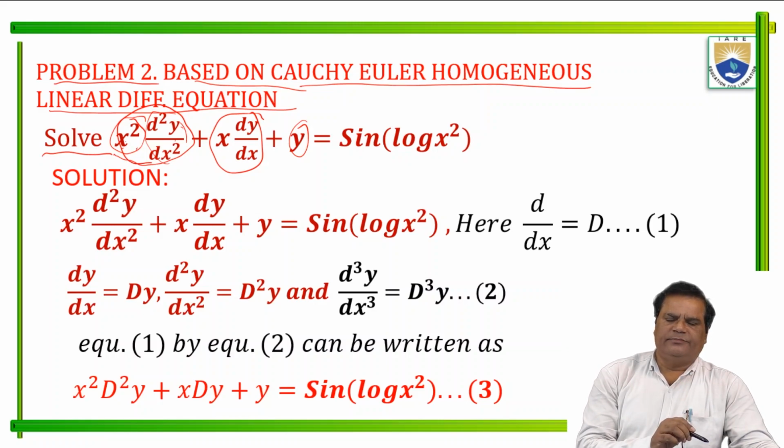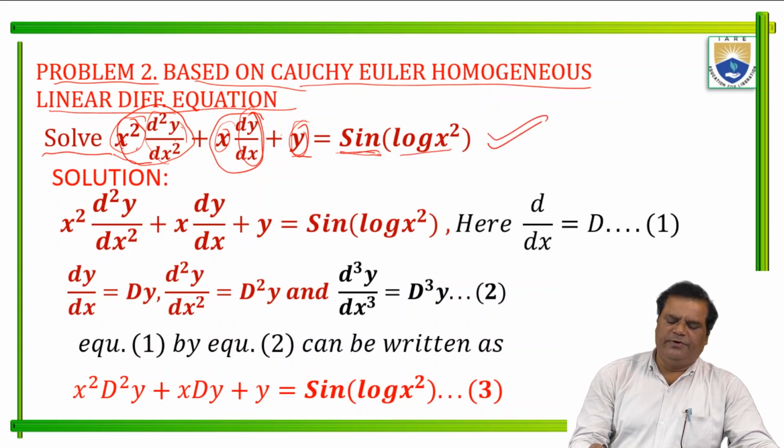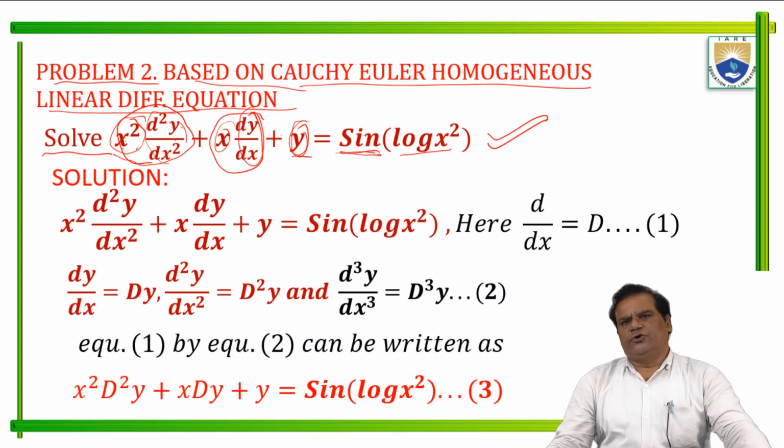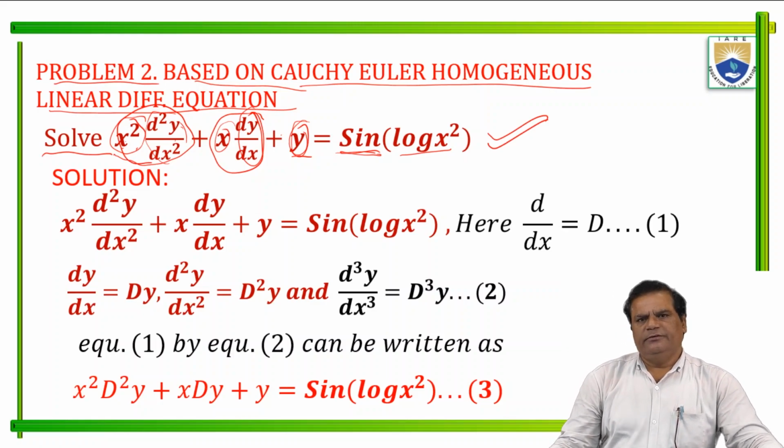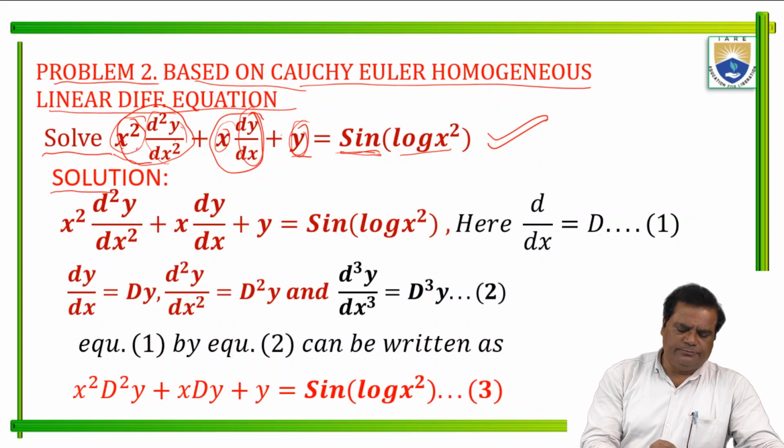The same property lies in the last term also. Here is x to the power 1 multiplied with the first derivative, so this property is verified. Here is y, no derivative, but x to the power 0. The right hand side is some function of x, sin log x square. This is the problem given in our question. So how can we solve this question? Let us discuss the solution.